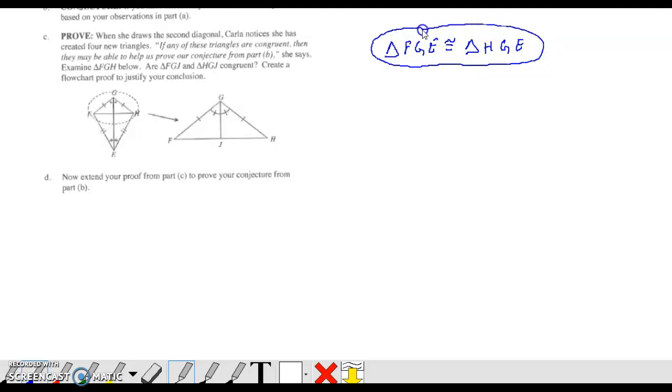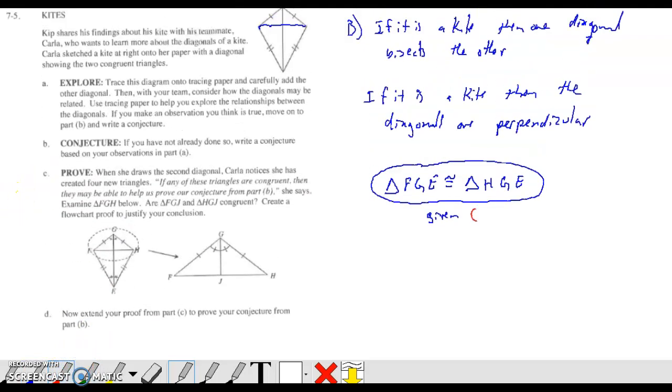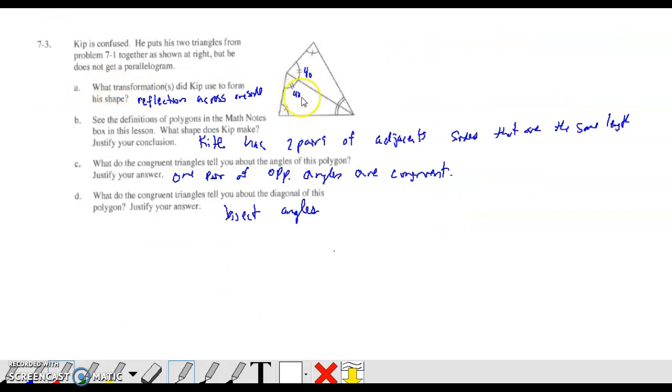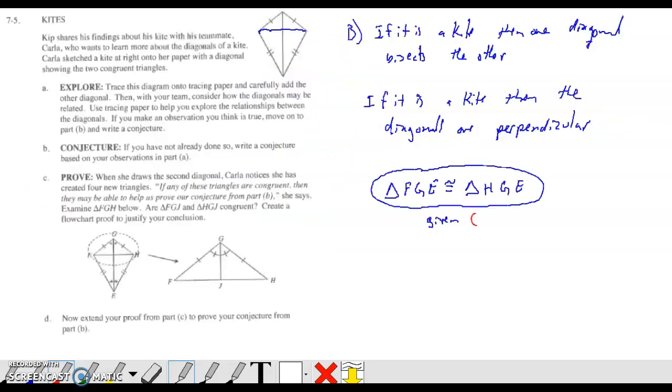And I'm going to say given information, and in parentheses, I'm going to say, what last problem was that? This was problem number 3, right? So this is your F, this is your G, this was your H, and then this is your E. So it's all about Kip's transformation. So I'm going to say given, and I'm going to say number 3.